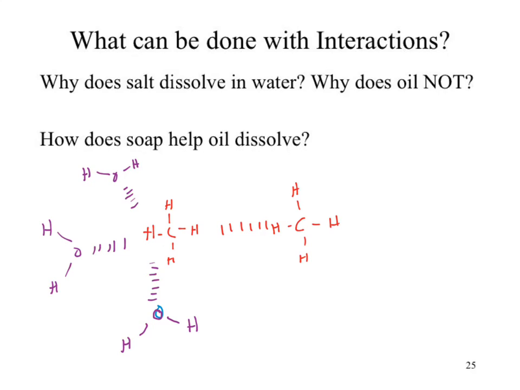What we just looked at in both these cases was our solute dissolved in the solvent, and then how the solute interacted with itself. So there's the solute-solute interaction, there's the solute-solvent interaction, and the solvent-solvent interaction.